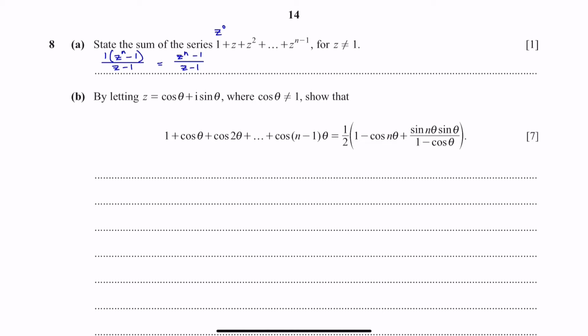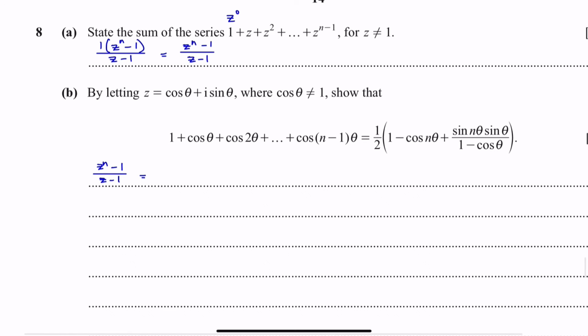Let's write it smaller so we have more space later. Okay, so z is (cos theta plus i sine theta)^n minus 1 over cos theta plus i sine theta minus 1.